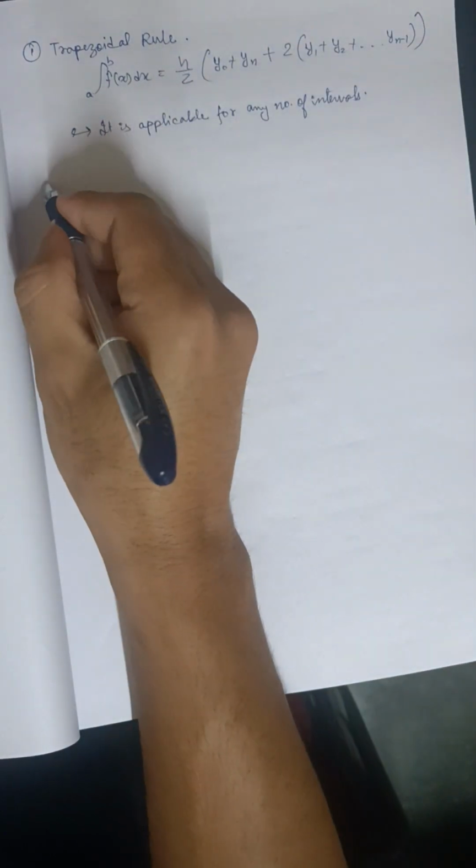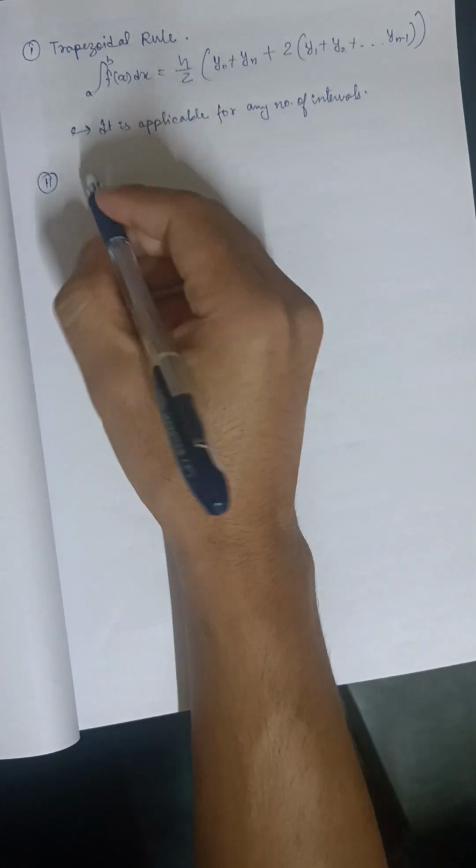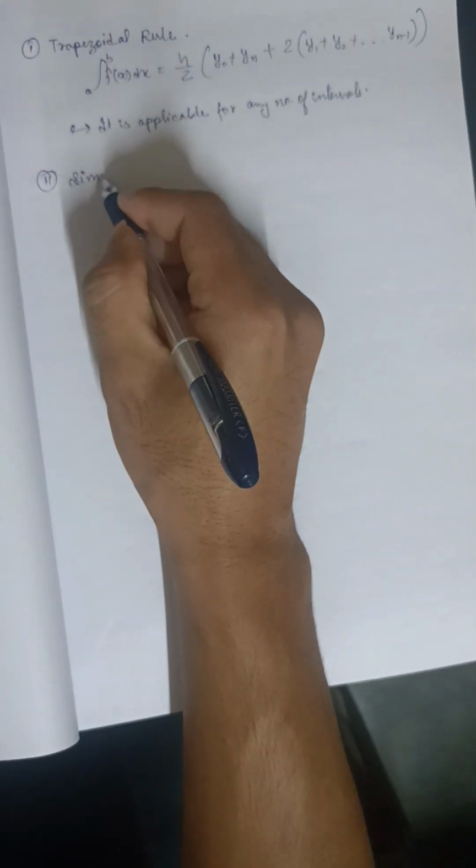Let's go to the second formula. The second formula we have here is Simpson's 1/3 rule.